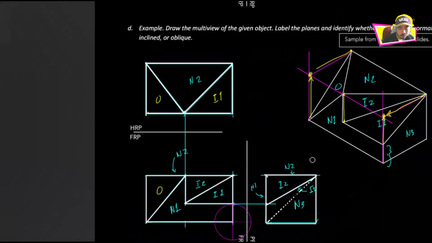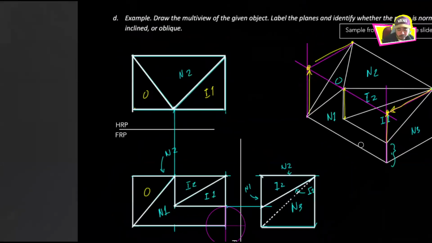Tama. Thank you, Remiel. So let's try to find all the planes, no? So again, si I1 is dapat 'di ba pag inclined it should be edge view in only one view. So that's edge view here. Tapos it's shown as a foreshortened view dito and foreshortened view dyan. So okay tayo sa I1. I1 is good. I2, let's check I2.